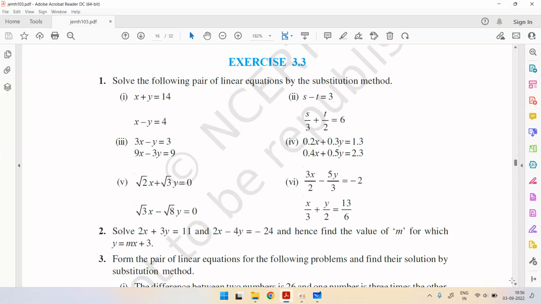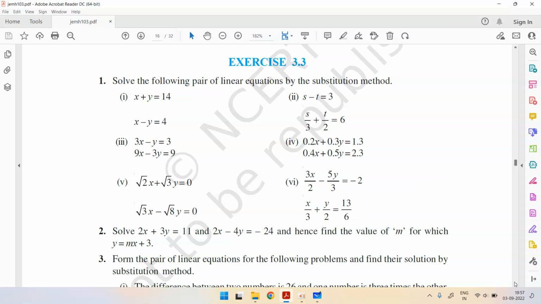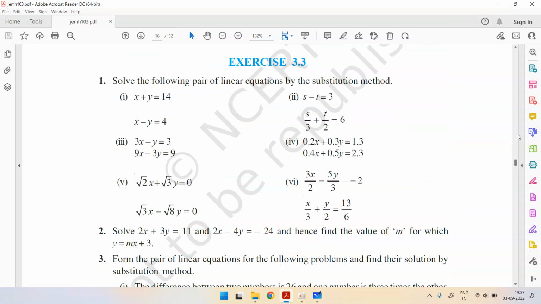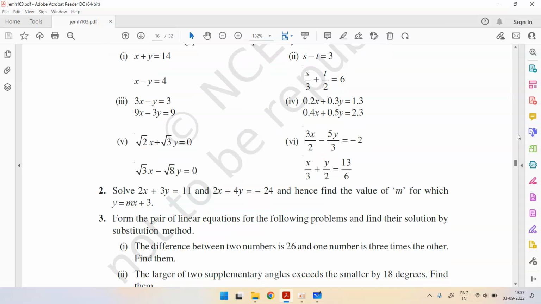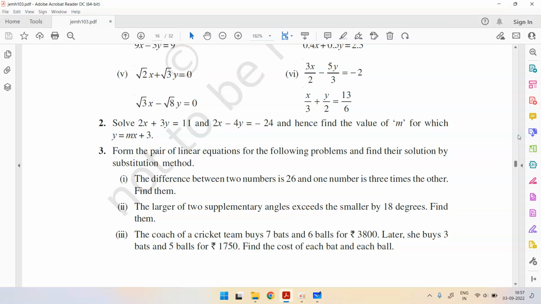Now the next question, I think you will be able to solve the next three questions easily. So the next question is: solve 2x plus 3y equal to 11 and 2x minus 4y equal to minus 24, and hence find the value of m for which y equal to mx plus 3.